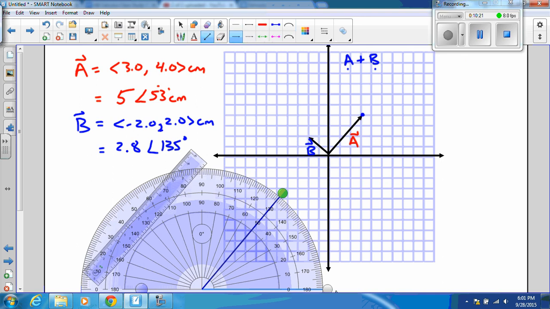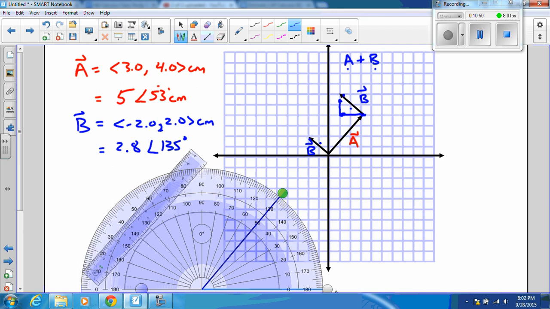First, we would go to A, which puts us to this point right here. And from that point, we would then go additionally to B, just like this. Please notice that this vector B and this vector B are the same vector B. Changing the origin of that vector does not change the fact that it is still back to and up to.